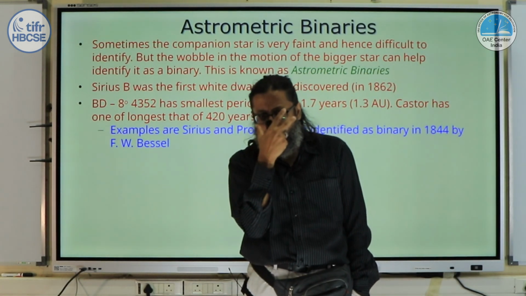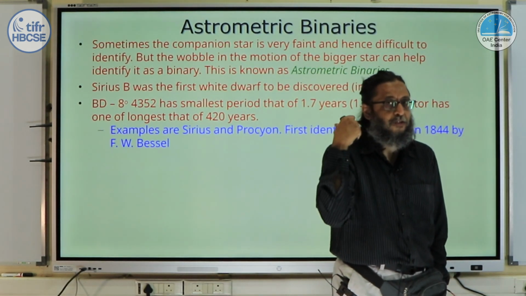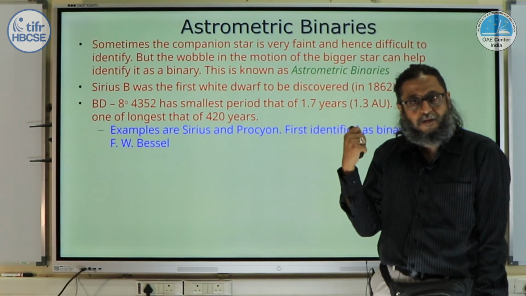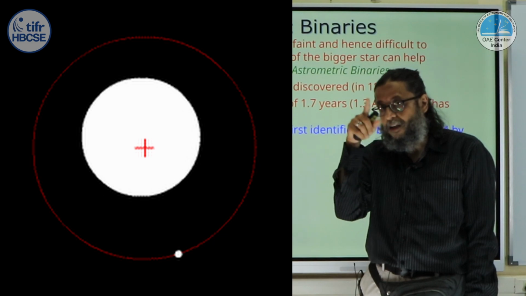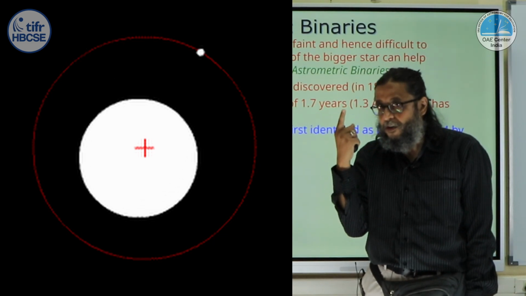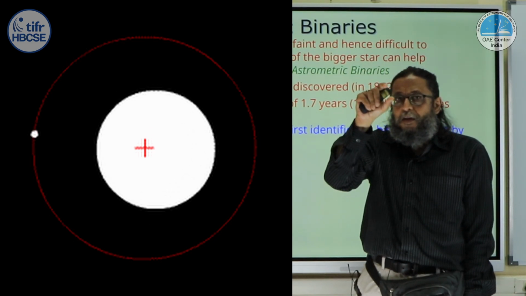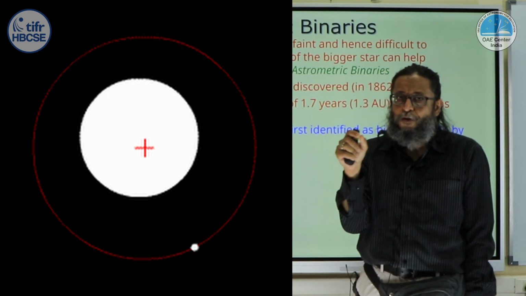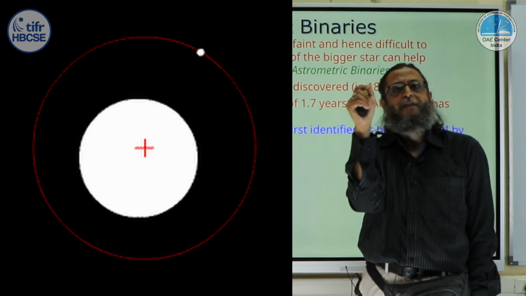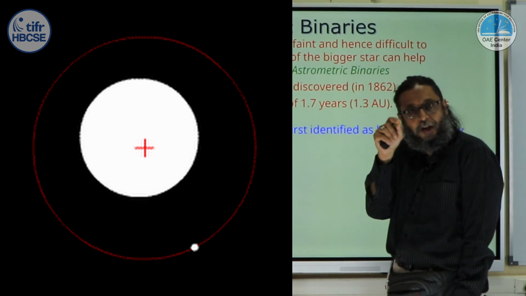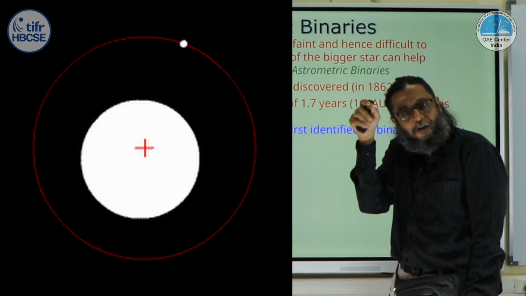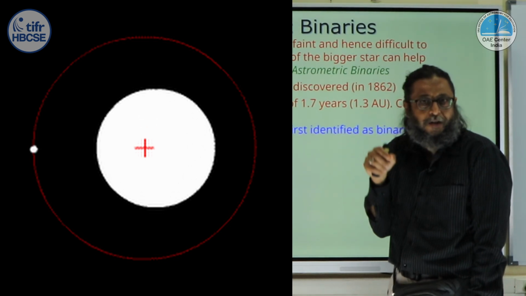companion star, then what happens is, we saw in the previous videos on the visual binaries where we looked at the different orbits, we saw that instead of a rotation, very often you see a wobbling effect of the more massive star, because it is rotating about a center of mass which is very much inside the body itself.